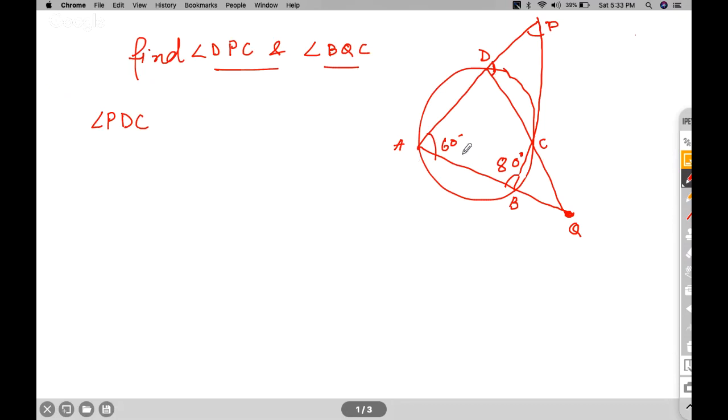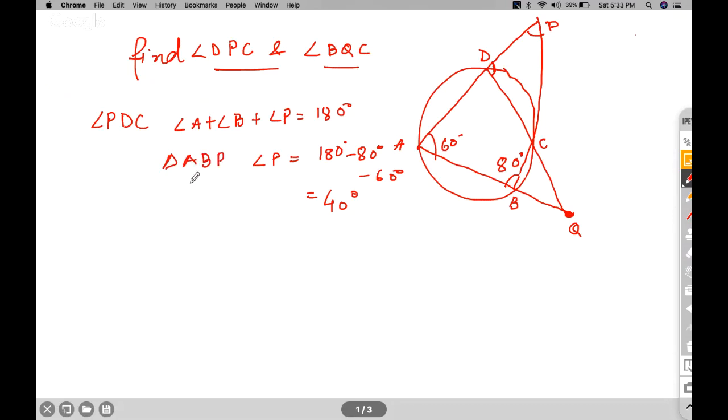Angle DPC is nothing but angle A plus angle B plus angle P is equal to 180 degrees. And angle P would be equal to 180 degrees minus 80 minus 60. There is nothing else in this. So this will be equal to 40 degrees because in triangle ABP, this is 60, this is 80, so this is 40. There is nothing in it.